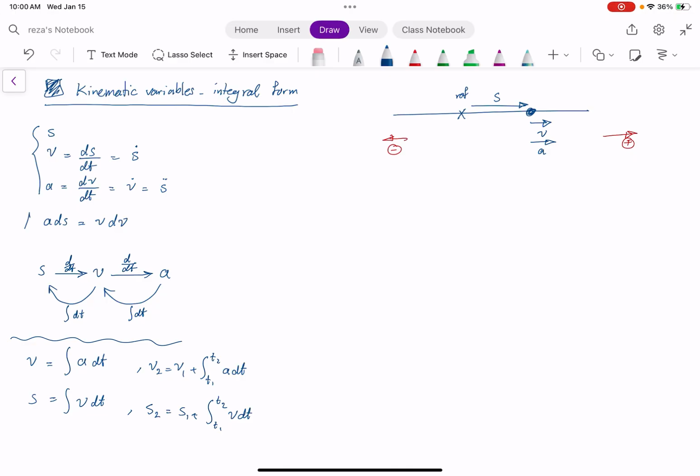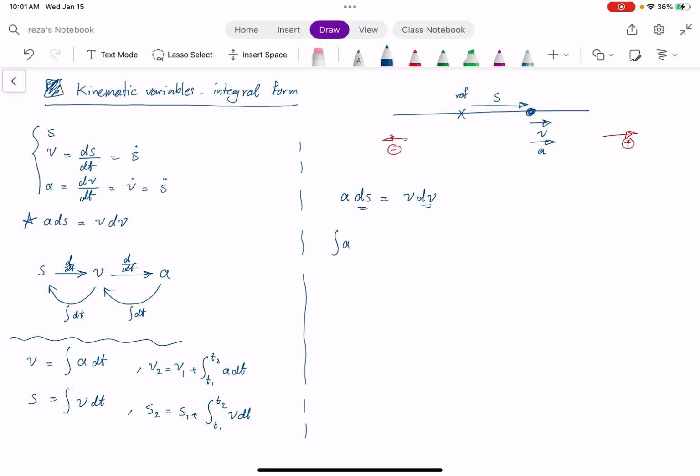Let's actually take a look at this one too. You have a ds equals v dv. It doesn't have explicit time in it, but you still have these differential variables, and you can very easily take the integral of both sides.